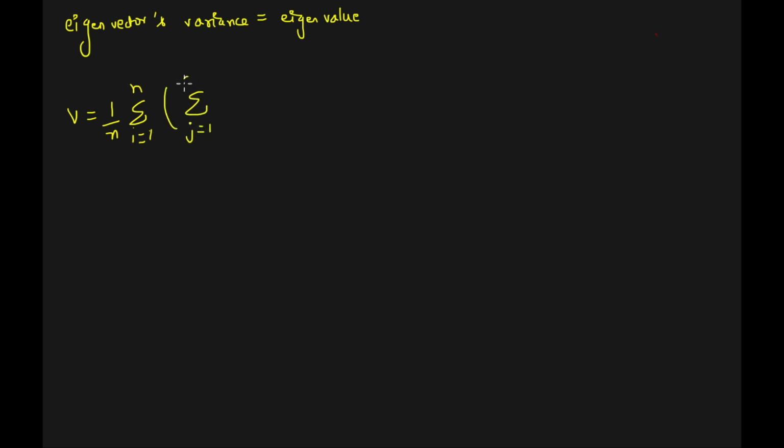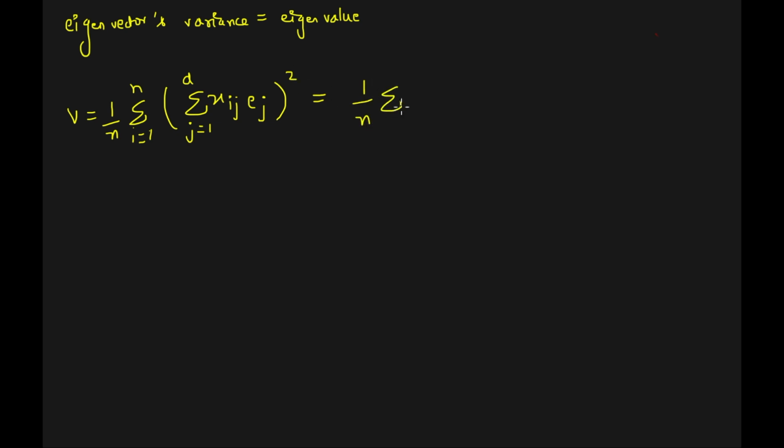Next, we're going to conclude that an eigenvector's variance is equal to its eigenvalue. We again take our equation of variance, summing over all instances and summing over all dimensions. We again ignore the mean term as we have already centered our data, but this time we split our summation terms, the square term right here.